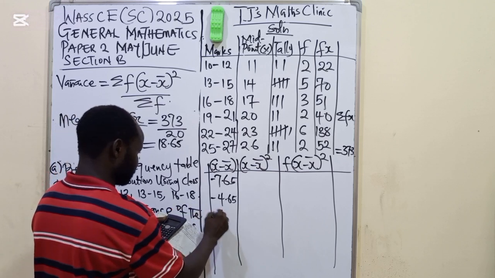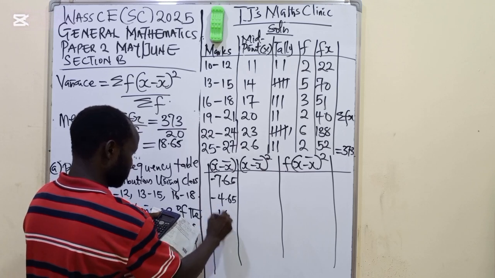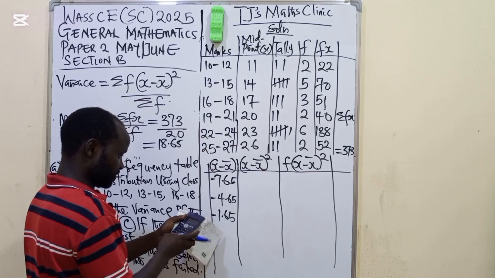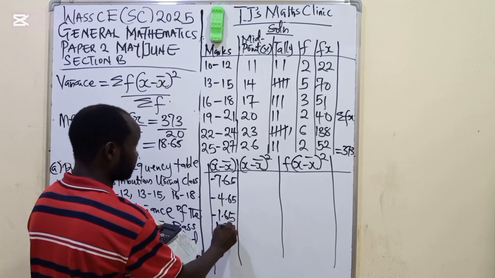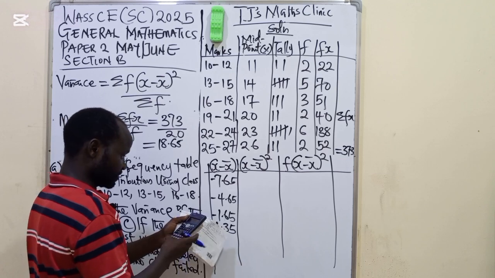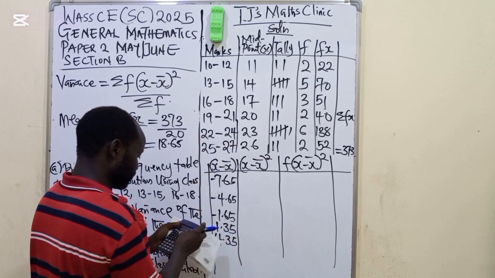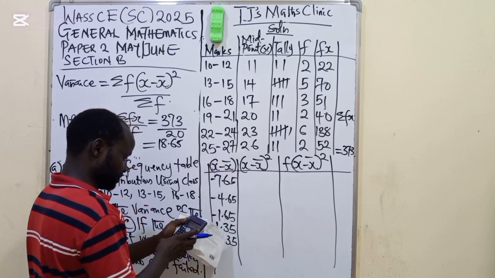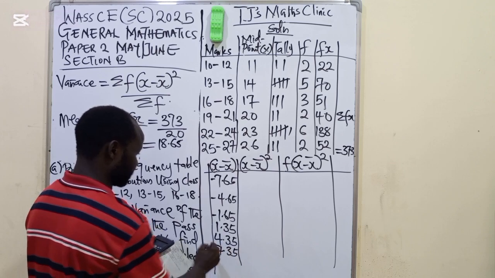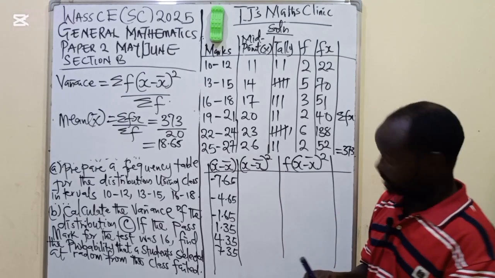We have minus 1.65. Next will be 20 minus 18.65. We have 1.35. Next will be 23 minus 18.65. We have 4.35. The last one now, 26 minus 18.65. We have 7.35.